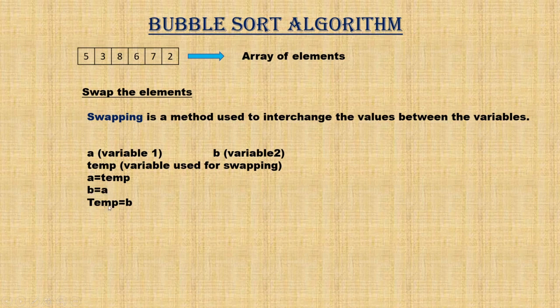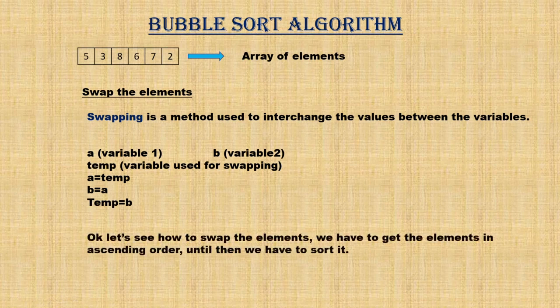Then b is equal to temp, so the value of a is placed in b. So this method is known as swapping, the method of interchanging the values between the variables.